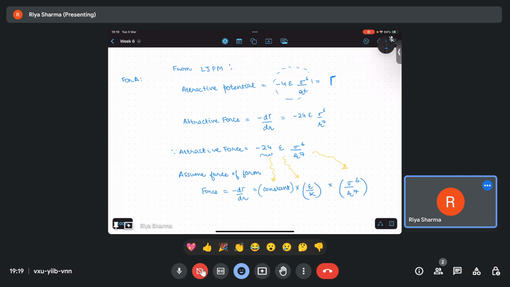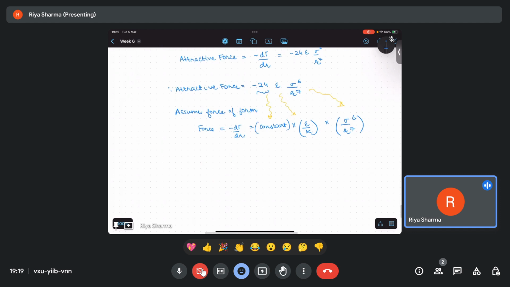Now using the corresponding states theory, epsilon by k is equal to a constant into Tc.